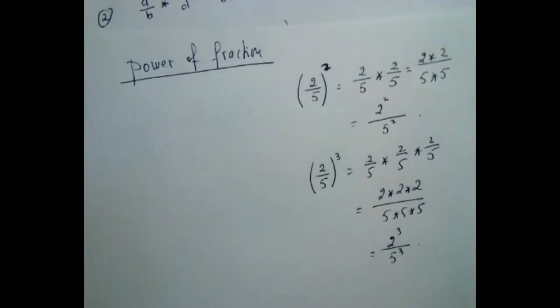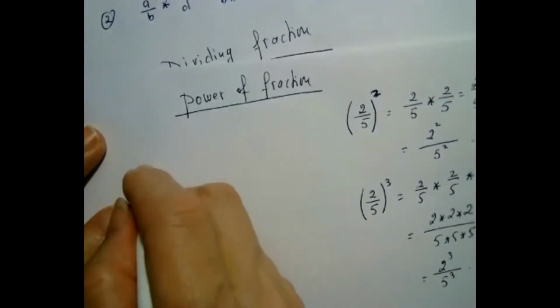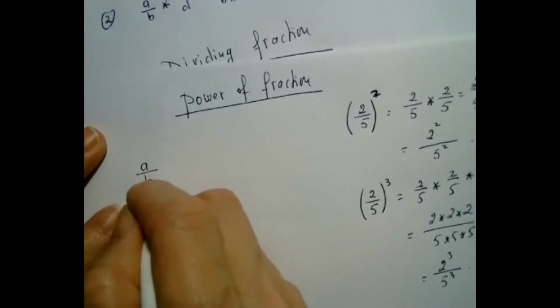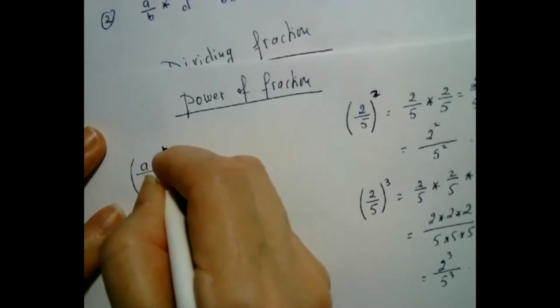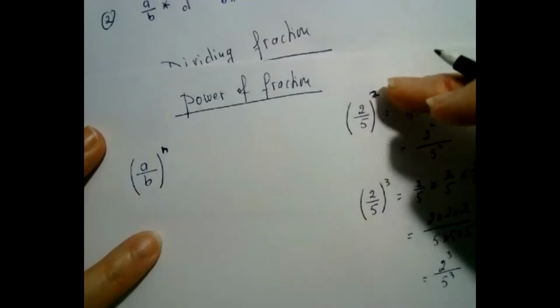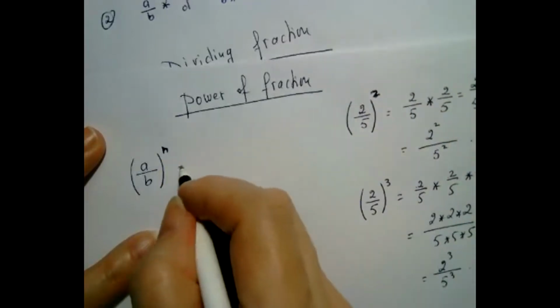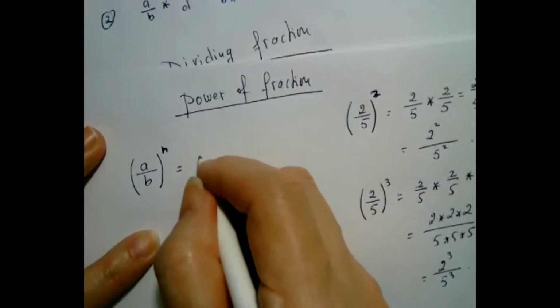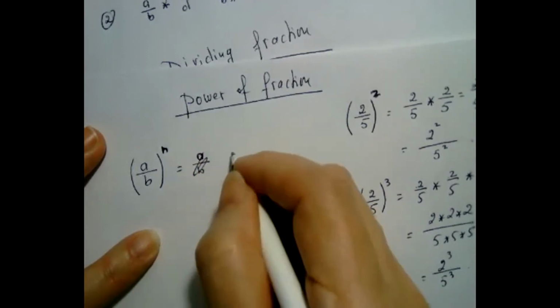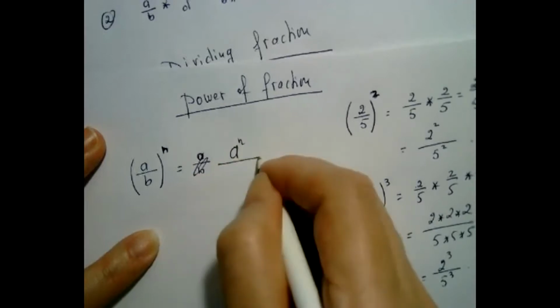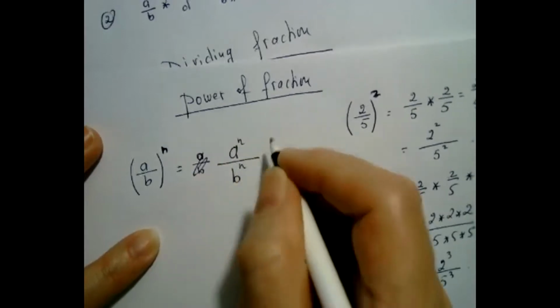So in general, if you have a fraction A over B, and you raise it to any power, suppose I call the power n, it could be 2, it could be 3, it's basically A to the power n over B to the power n.